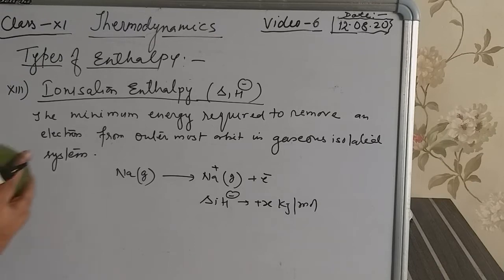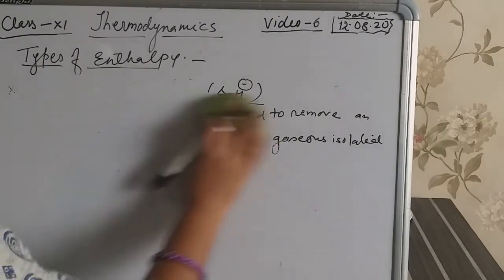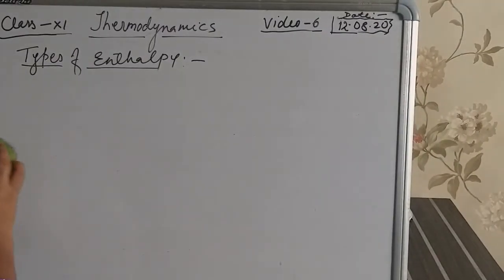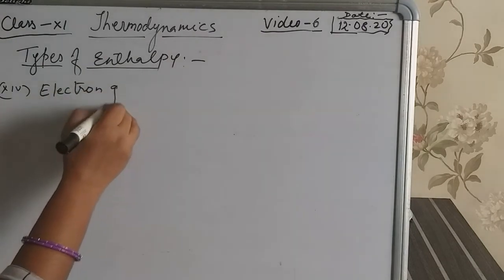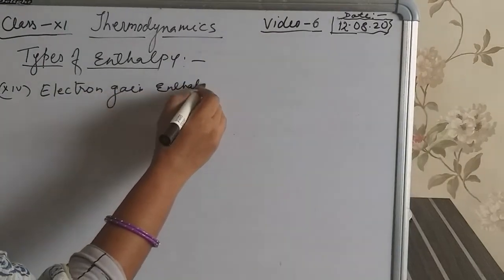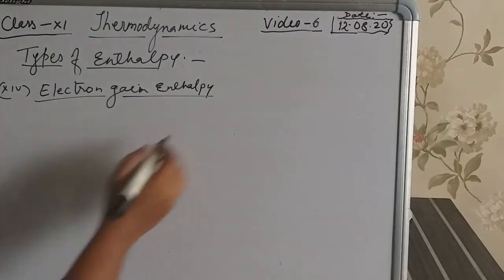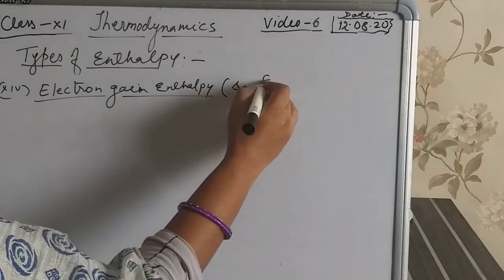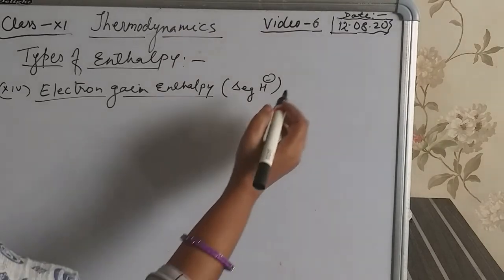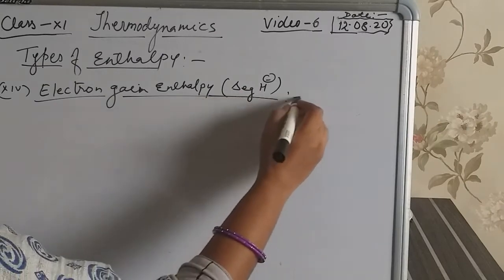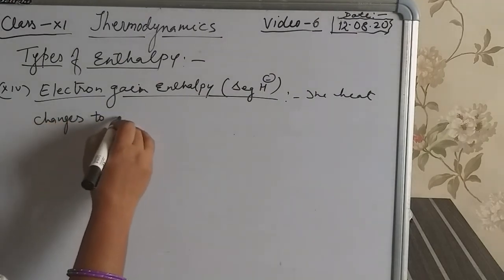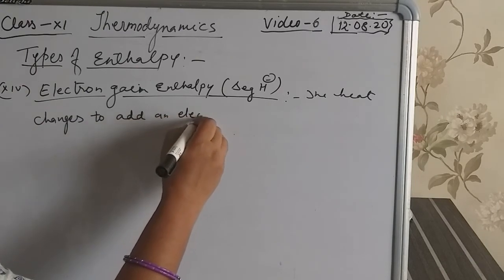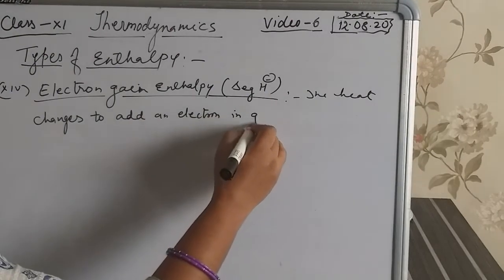Next is the electron gain enthalpy. The heat change to add an electron in a gaseous isolated system.